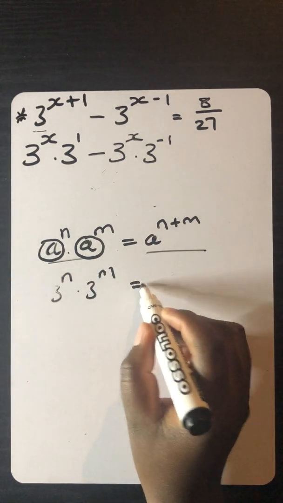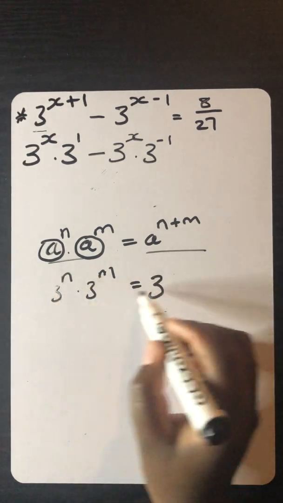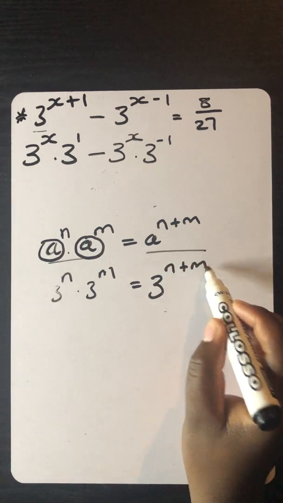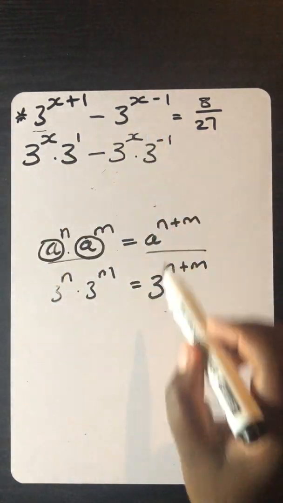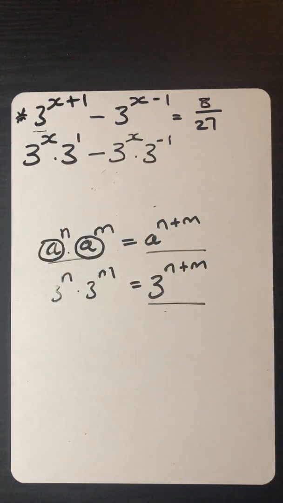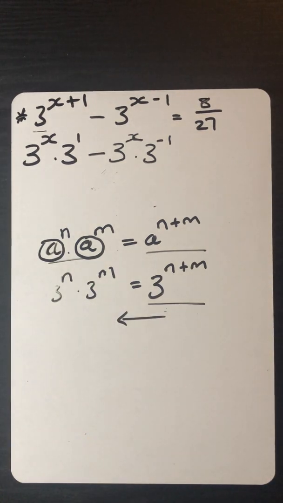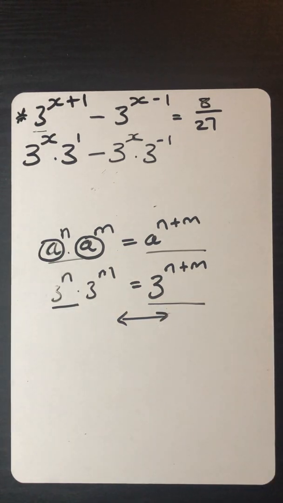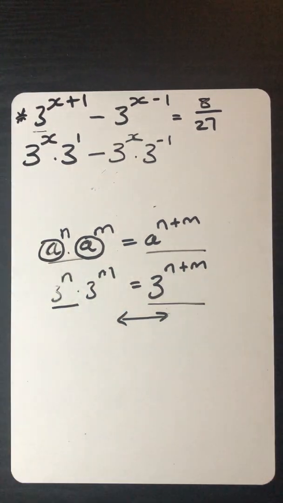What matters is that the bases are the same, which is 3, so you can just write one base and add the exponents. We can rewrite it in reverse, or if it's given in that form, you can write it in whichever way helps you solve that particular problem.